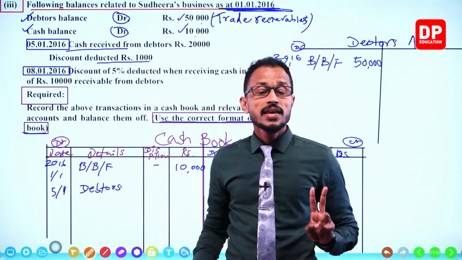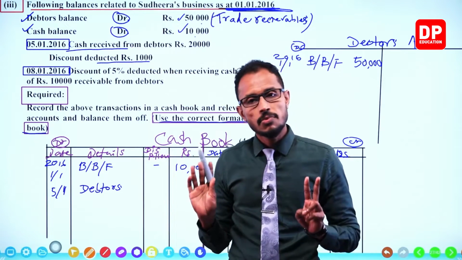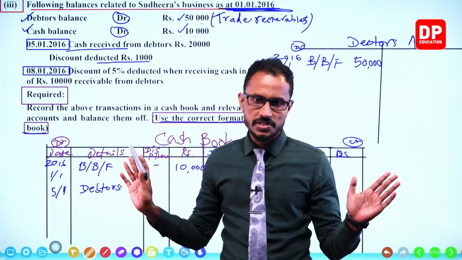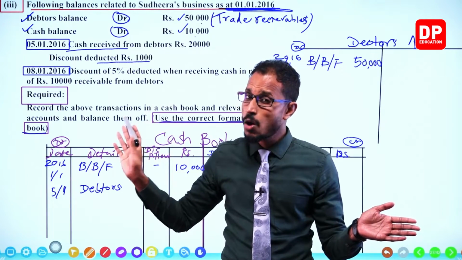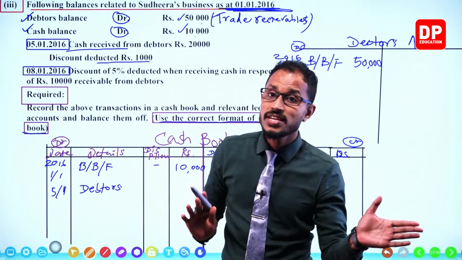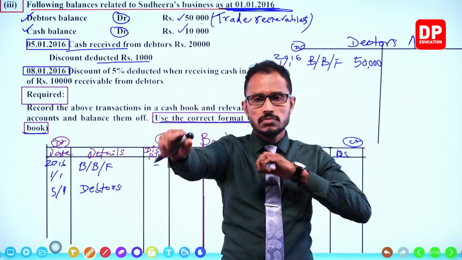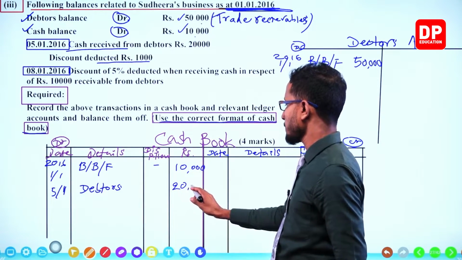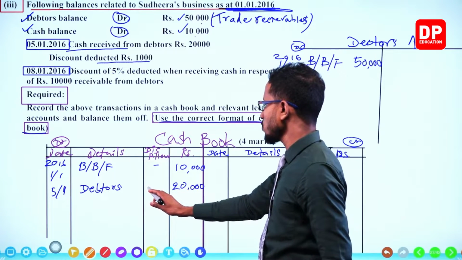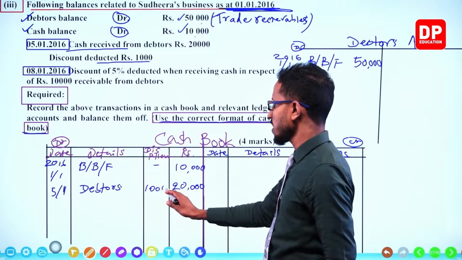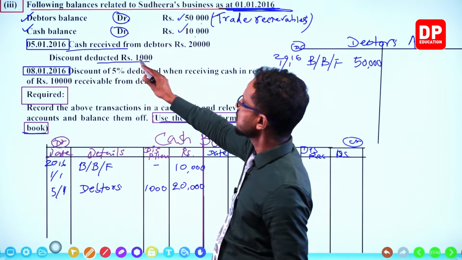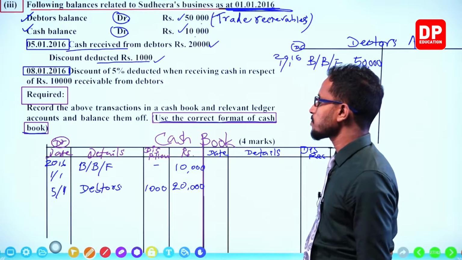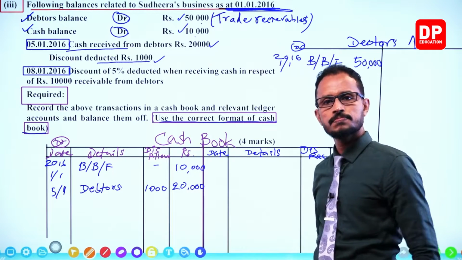If you are having this type of transaction, guys, received means received. 20,000 is received. Don't go and deduct the discount from 20,000. Then you put 20,000 here. And the discount is already deducted, that is 1,000, in the discount column. Both entered. That's how you enter.